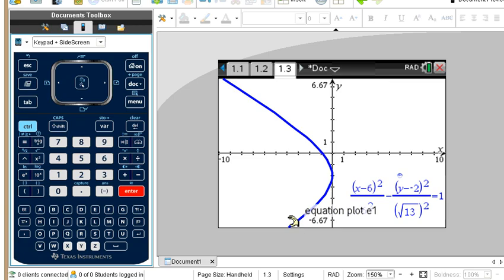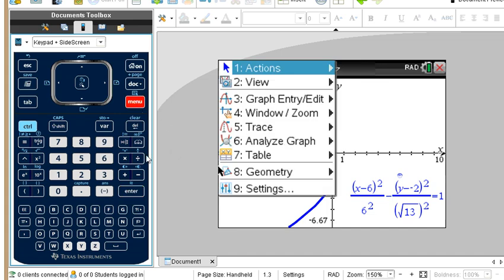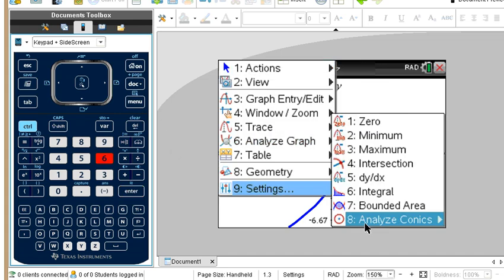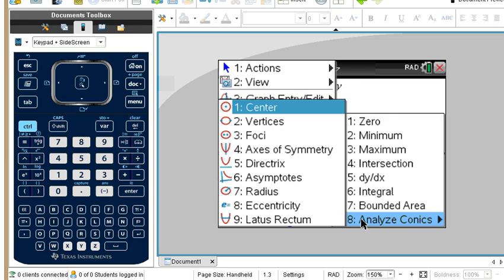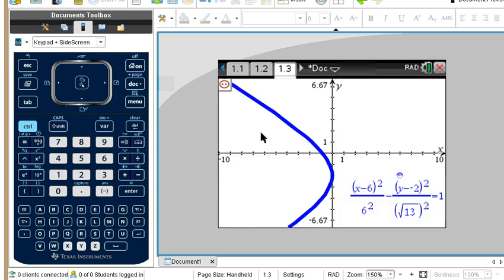But let's check it. Now to check, we evaluate, we go to menu, and we go to analyze graph, and then analyze conics, choice 8, and foci is what we want, and we click on the graph, and we get a focus here at -1, comma -2. That checks. Next, the eccentricity of 7/6. Well, that's what we're looking for.